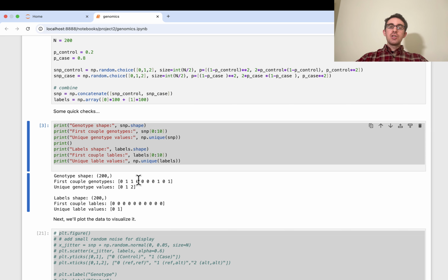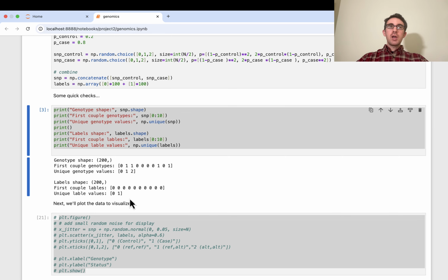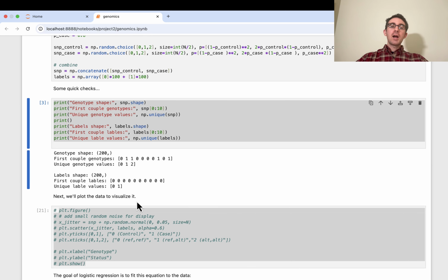The zeros, ones, and twos in the genotypes mean how many copies of the alternate allele the person had for this chromosome position, this SNP. But for the cases, they mean whether the person was zero, a control, or one, a case, or just normal or a zombie in our mock data set.